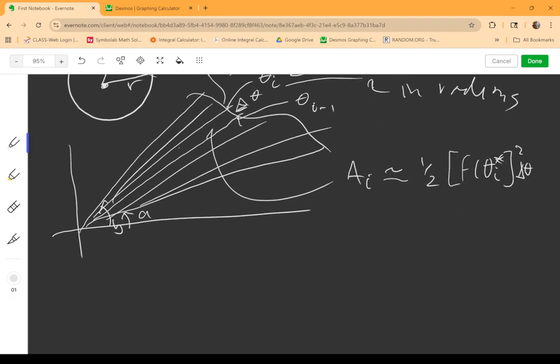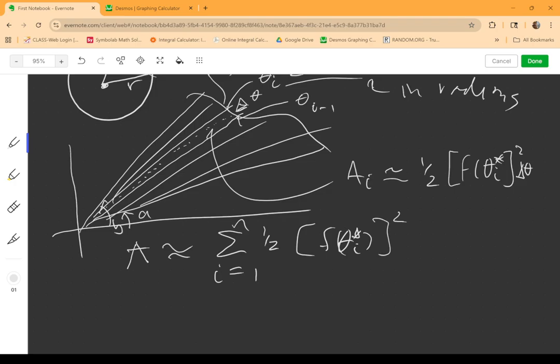And the idea is, how do I find the area of the whole region? Well, the area can be approximated by a Riemann sum, 1/2 f of theta sub i star. And this theta sub i star is just some theta in the desired interval. Maybe it's the one in the middle, but it really doesn't matter, because as we have more and more of these segments, our area becomes more accurate.